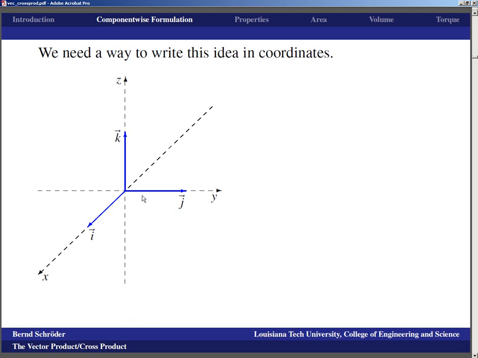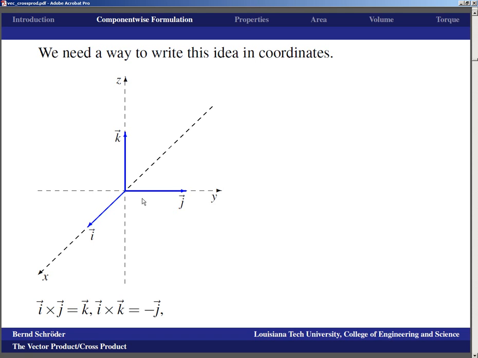So if we take two different ones, the sine is just a factor 1. And the standard unit vectors also have length 1, which means the product will ultimately have length 1 if we take two distinct ones. Then by the right-hand rule, if you align your thumb with i, your index finger with j, and your middle finger with k, that gives you that i cross j is k.